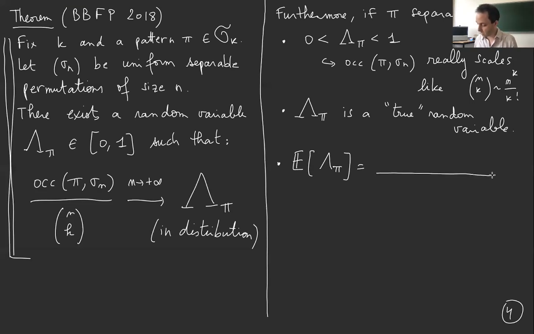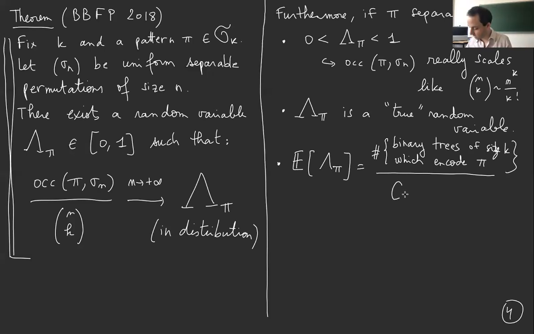So we get that the expectation of lambda pi is the number of binary trees of size k which encode pi, divided by the number of binary trees with decorations, which is Catalan sub k minus 1, the number of plain binary trees, times 2 to the k minus 1, which corresponds to the number of ways of making decorations. Okay.